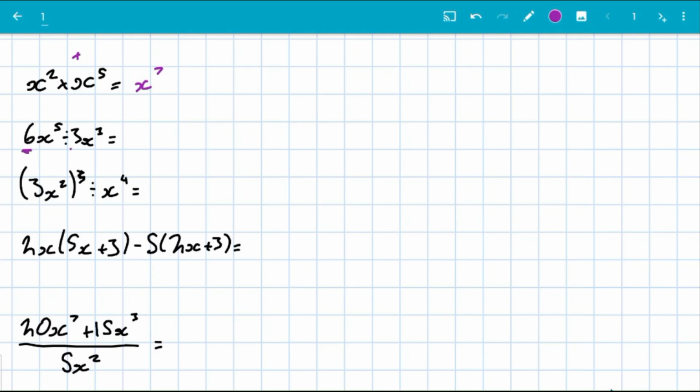Now, we've introduced a constant here, but really don't worry about it, don't overcomplicate it. If you need to, just imagine writing it out as a fraction. And we know with BIDMAS, we don't need to worry too much about the order in which we're multiplying or dividing. So we just get 2x squared, excuse me. So we can sort of just treat them as separate divisions.